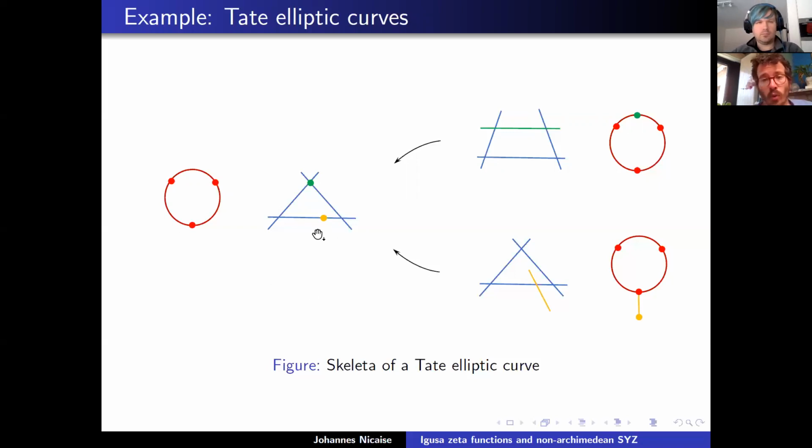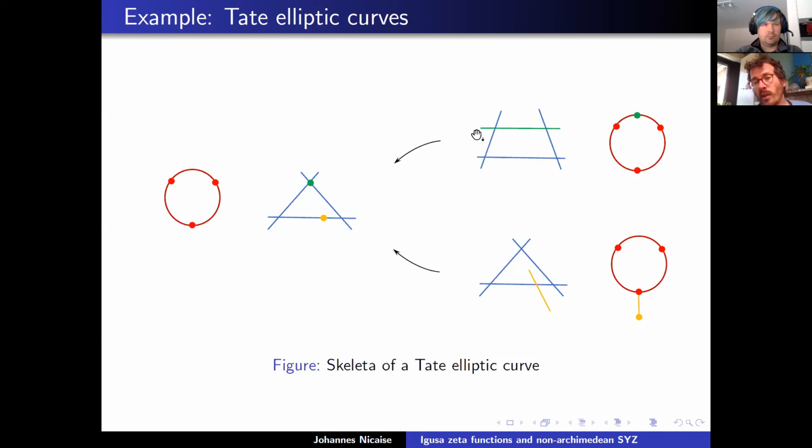And we can perform 2 types of blowups. The first type is blowing up a point which is an intersection point of components in the special fiber. That's pictured here. This means that we separate 2 of these blue components by means of a new green component, the exceptional divisor of the blowup. Then if we look at the impact on the dual intersection complex, we see that the topology doesn't change.